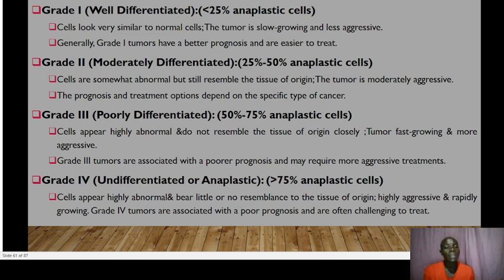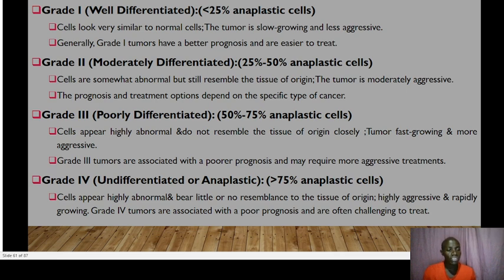Grade 2, these are moderately differentiated and made up of around 25 to 50% anaplastic cells. So cells are somewhat abnormal, but still they resemble the tissue of origin. You find the tumor is moderately aggressive. The prognosis and treatment options depend on the specific type of cancer.